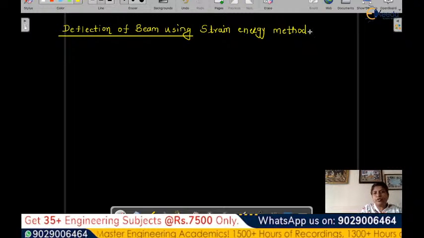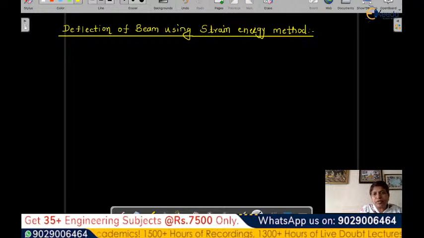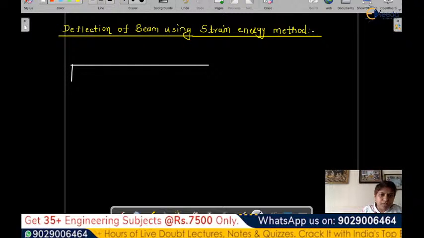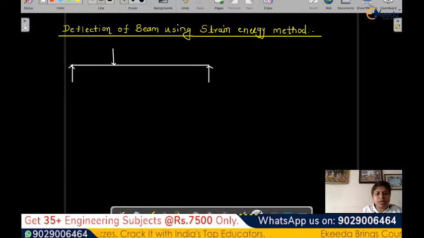Now, with your second year background, we know that whenever any body, any member, is taken, suppose in this case we are considering a beam, and some loads are acting on it.